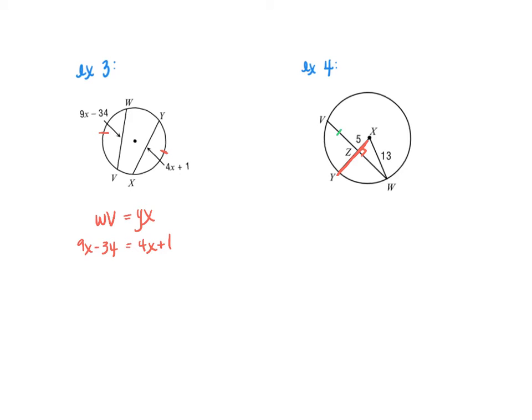So when you have a radius that is perpendicular to a chord, it actually bisects that chord. So for instance, if you were trying to find, let's say, VW, you could actually use your Pythagorean triple, 5, 12, 13. And if you didn't know that, of course, you could use Pythagorean theorem. But because of our theorem in section 11.2, we now know that VW would have to equal 24 units.